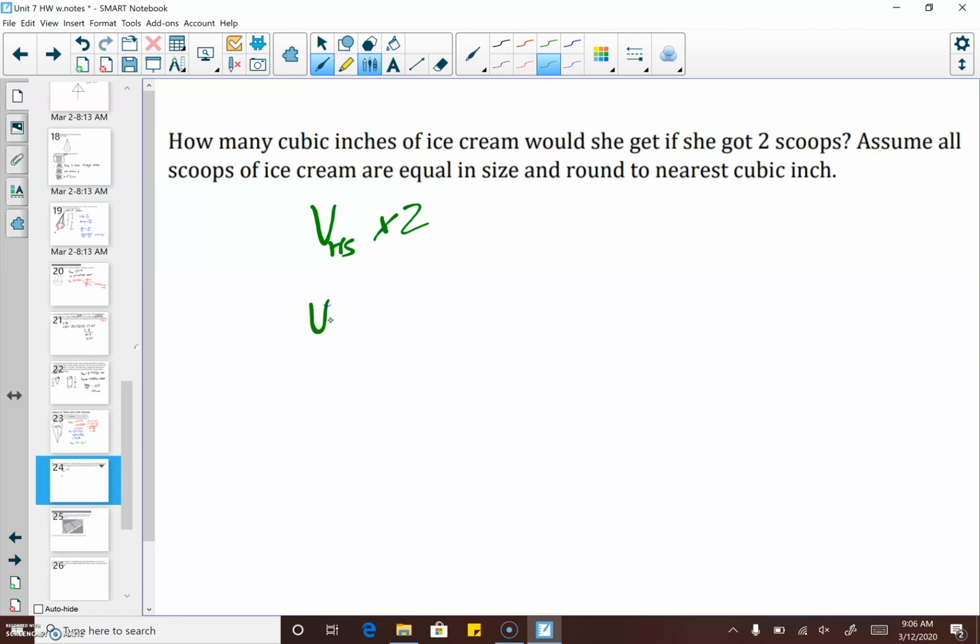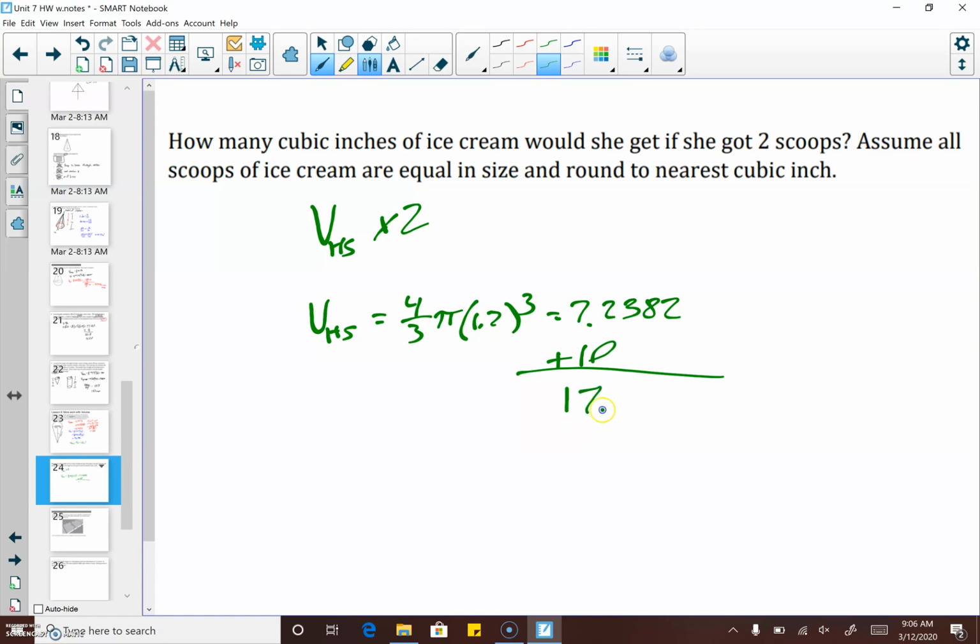So if we just take out the divided by 2 piece and we do 4/3 pi times 1.2 cubed, we are going to end up with 7.2382.